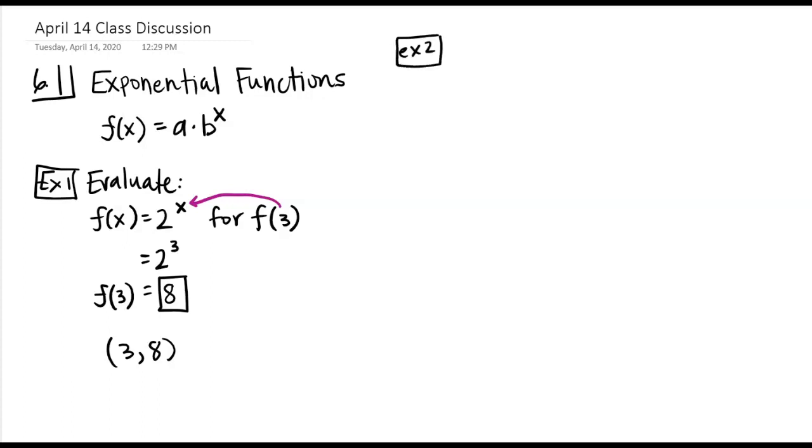So for example 2, I still want you to evaluate. You're going to use the function g of x equals 3 to the x power. And there are going to be some different parts on this. For part A, I want you to find g of 2.